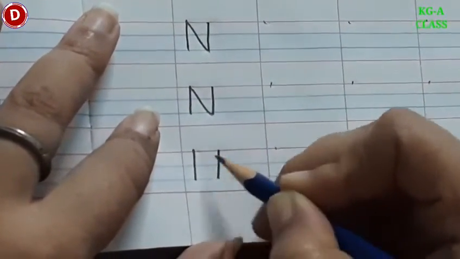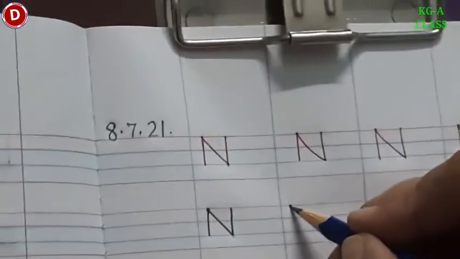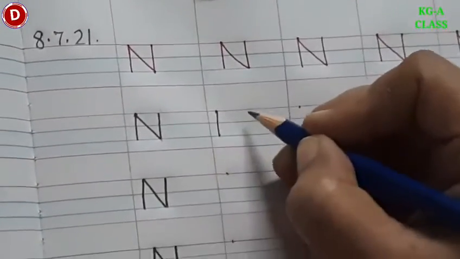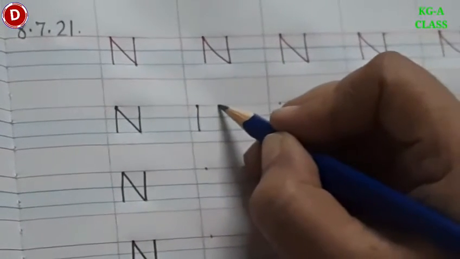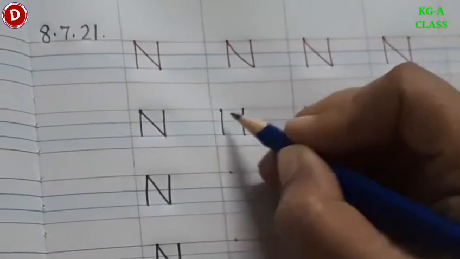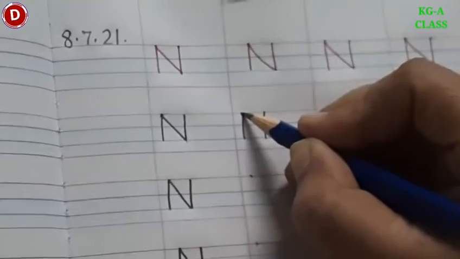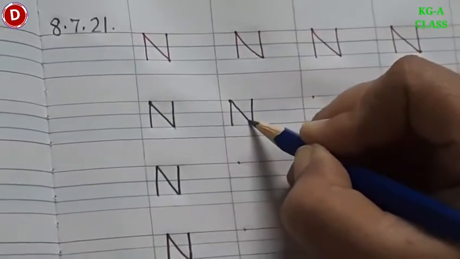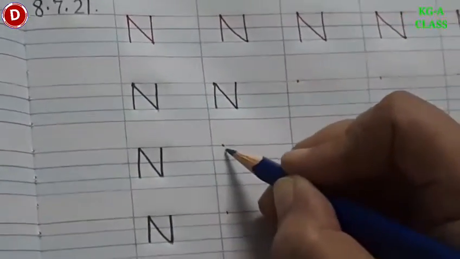And in this way, you have to finish the first line. See. So, two standing lines. This is the first line. Leave some gap. And then make another standing line. Then from here, from the first standing line, you have to make a slanting line and you have to join it with the second standing line like this.